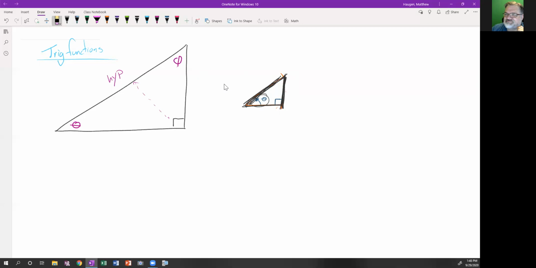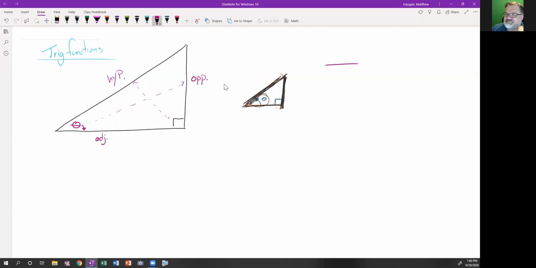So I'm going to get rid of phi here and focus on theta. We refer to the leg that is opposite the angle as the opposite side. And we refer to the side that is up against the angle or makes up the angle as the adjacent side.